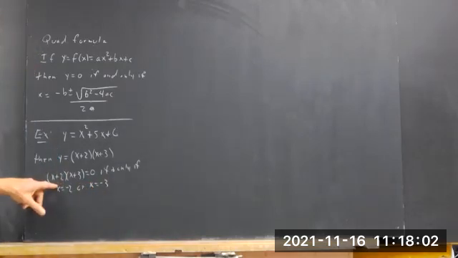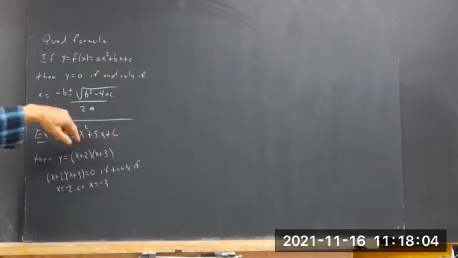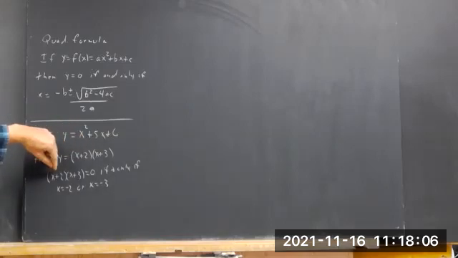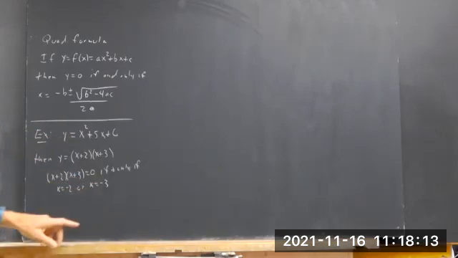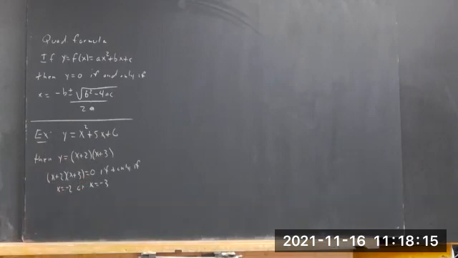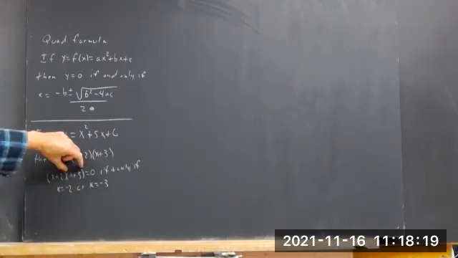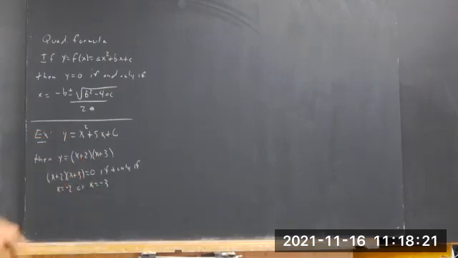And the only way this function can be 0 is if x is -2 or x is -3. Because the only way the product of two numbers can be 0 is if one of them is 0. Make x plus 2 0, x would be -2. Make x plus 3 0, x would be -3.